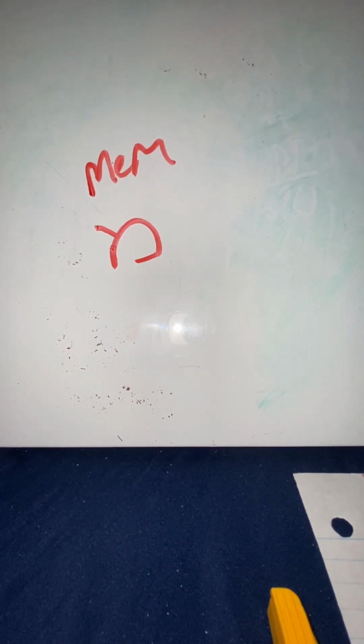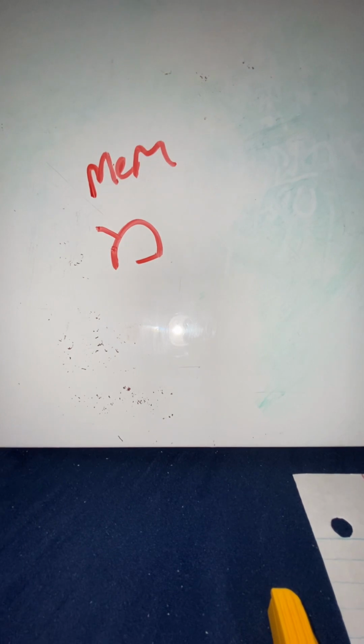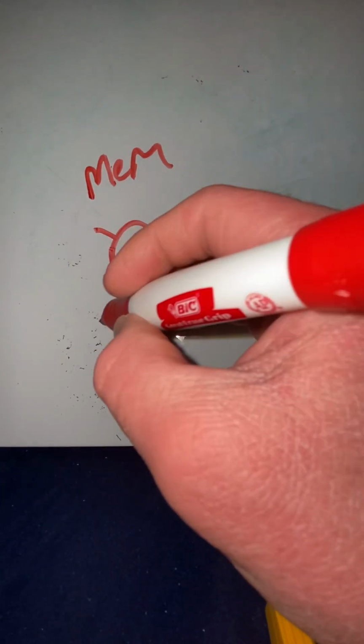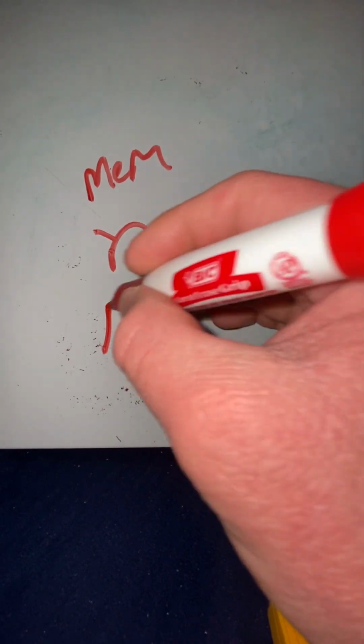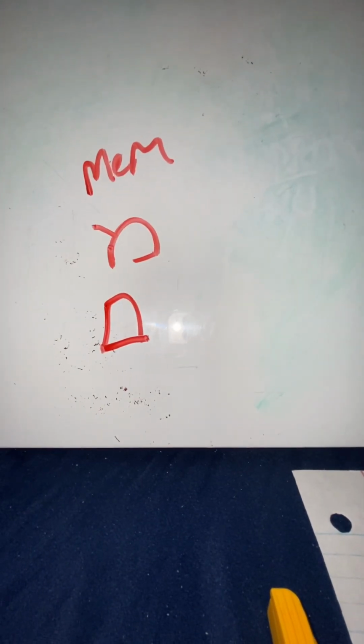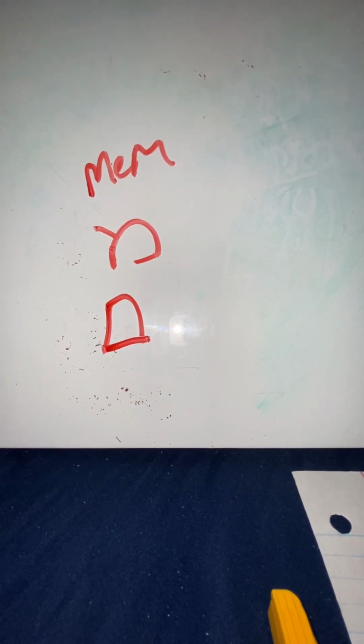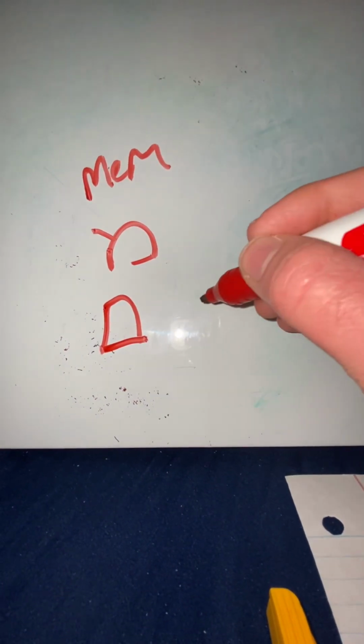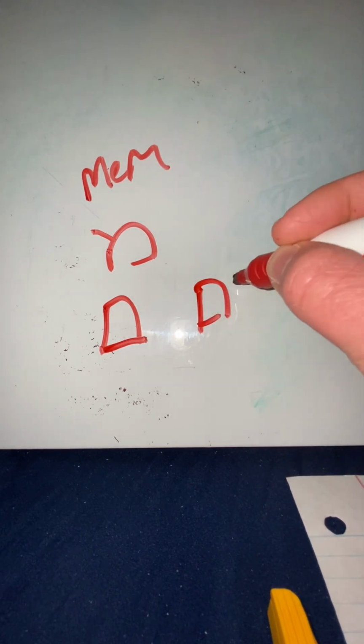Basically, you make the letter Chet, but you close it in at the bottom. Chet with a line at the bottom. Just like that, you got the final version.